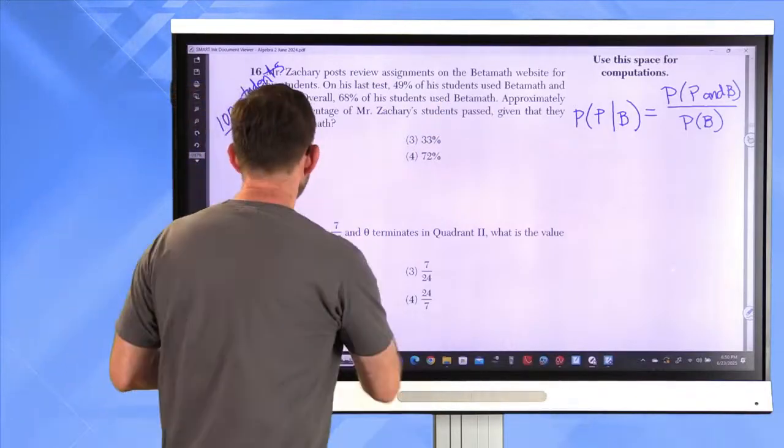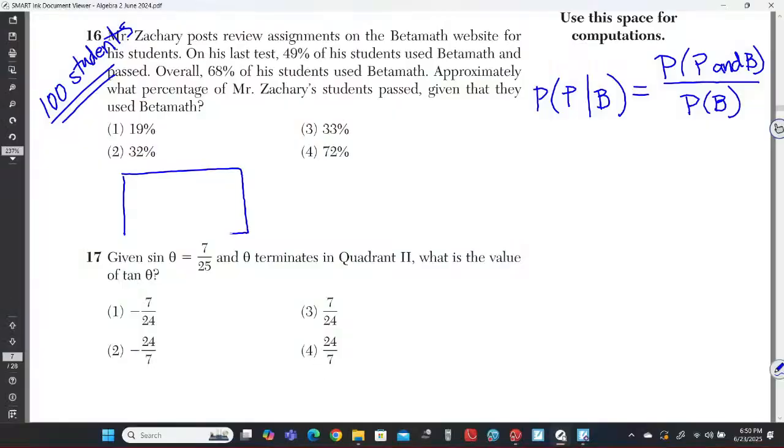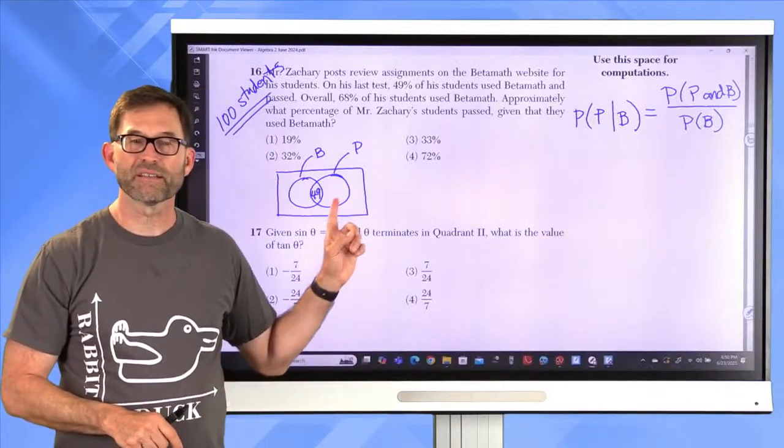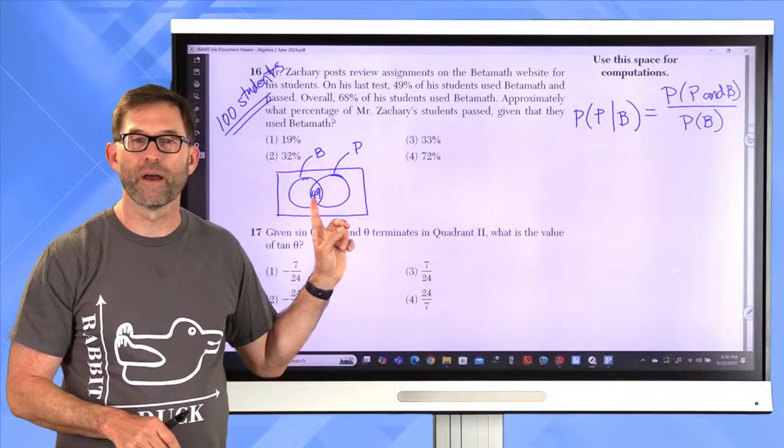You can see the Venn diagram. Let's say that this is the Beta Math category and this is the passed category, and 49 of the students used Beta Math and passed. There are 49 that are sitting in there.